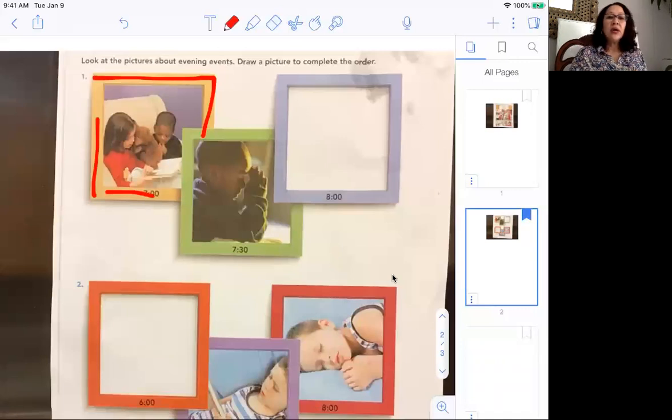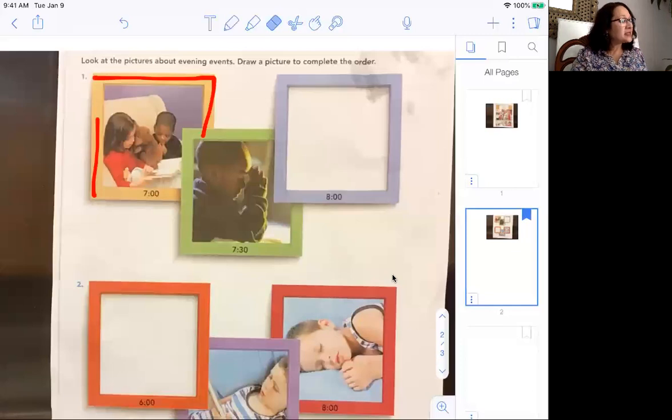Okay, so 7 o'clock, those two children are sitting on their sofa and it looks like they're reading, right? Like an evening story between the two of them. And then if you could tell right there at the bottom, it says 7 o'clock. 7:00 means o'clock. You got it?